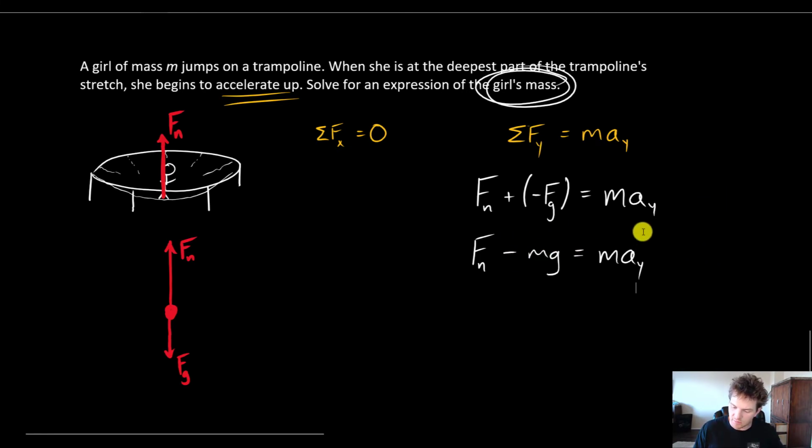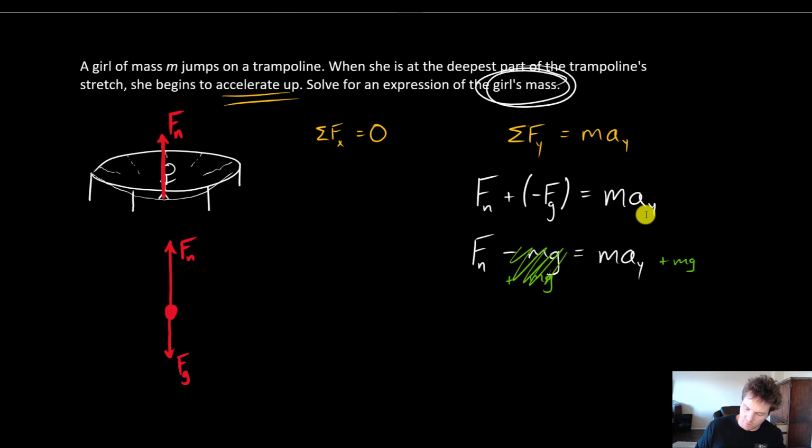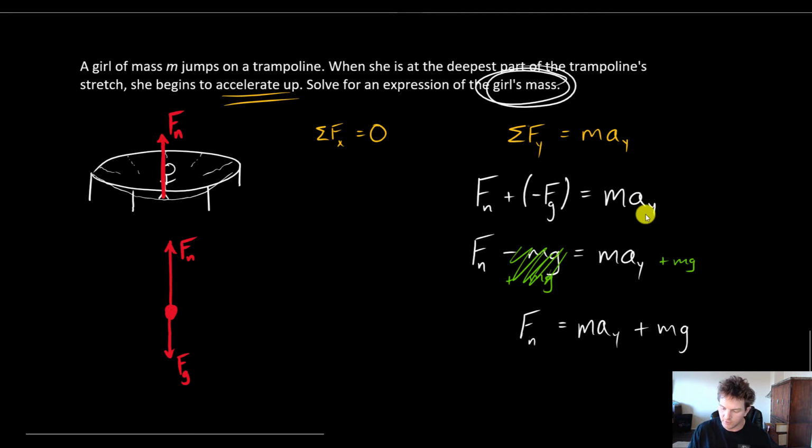So I'm going to add mg to both sides. Right? These mg's will cancel out, and so I'm left with normal force is equal to mass times acceleration in the y plus mass times pull of gravity.